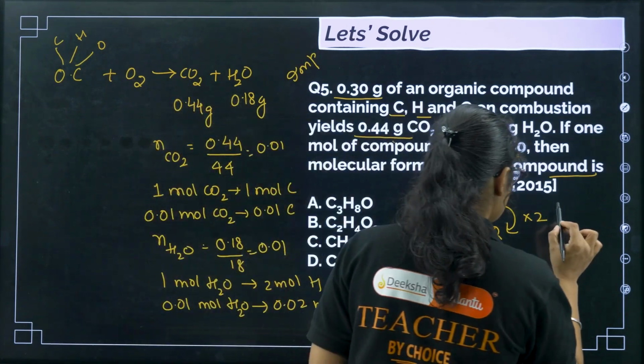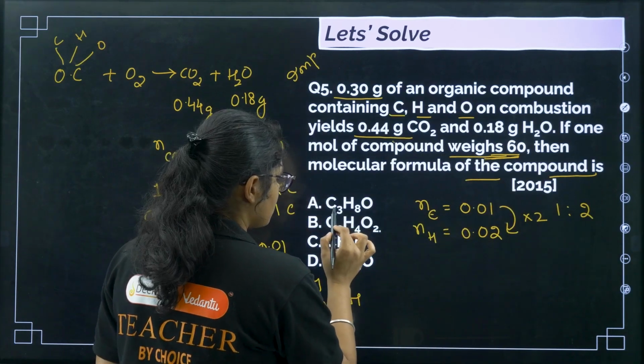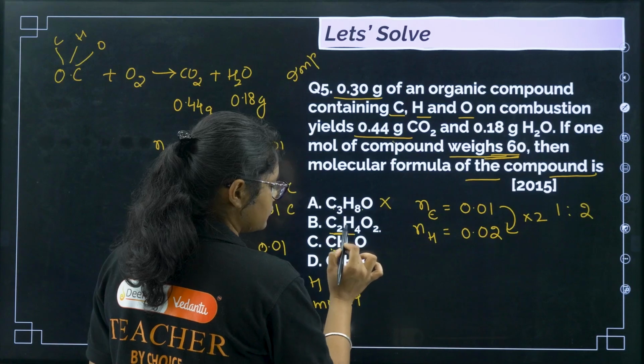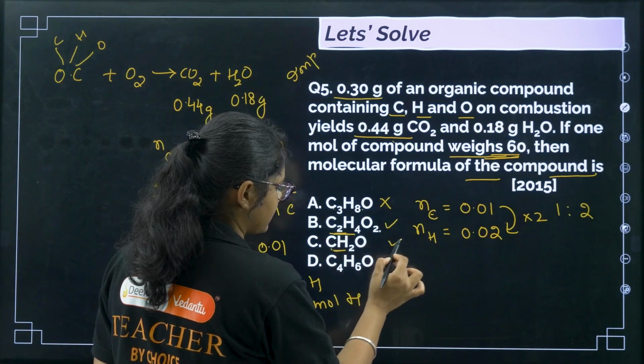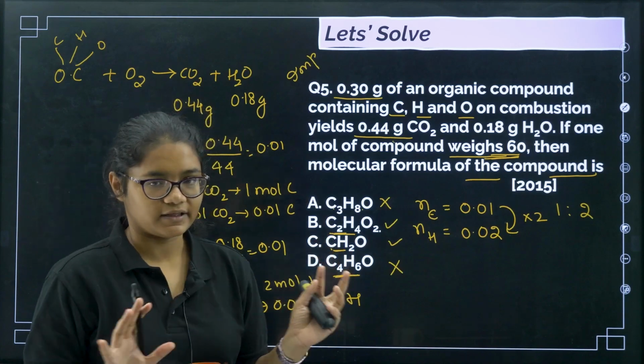The ratio you can see is 1:2, right? Now if you see the options, this one is not 1:2, eliminate. Here it is 1:2, here also it is 1:2, right? This one is not 1:2, we can eliminate. So these two options are there with us.